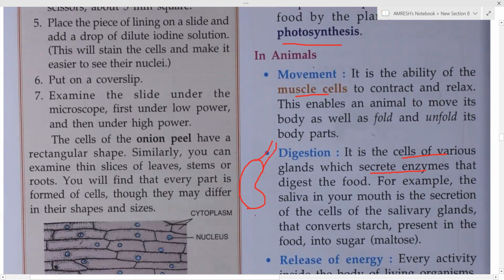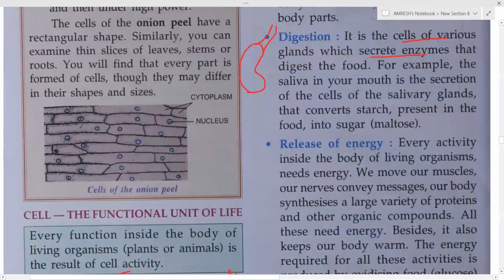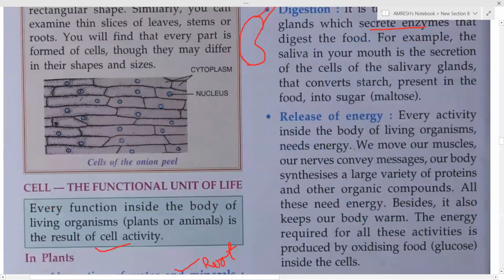Oxyntic cells secrete hydrochloric acid that helps in digestion. So digestion is also because of the cells of the glands which secrete enzymes. Liver cells, or hepatic cells, secrete bile that helps in fat digestion. Release of energy is also due to your cells.